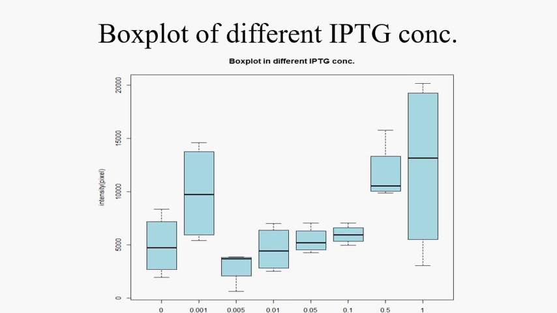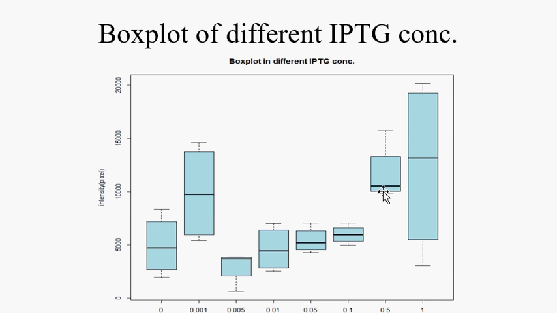So I want to fit a model for my experiments. First, I draw box plots, and you can see that when the IPTG concentration gets bigger, the intensity gets bigger too.